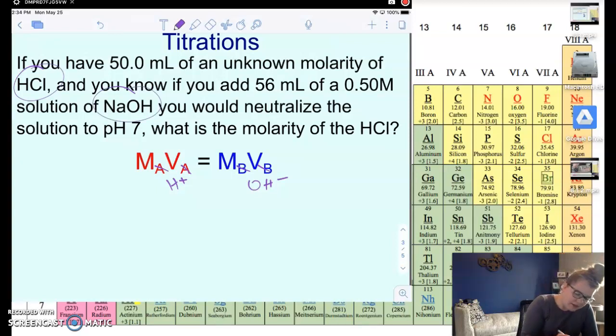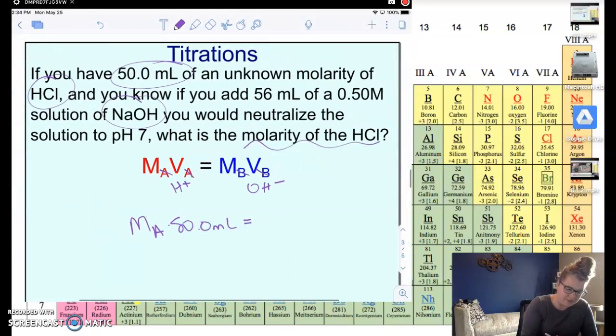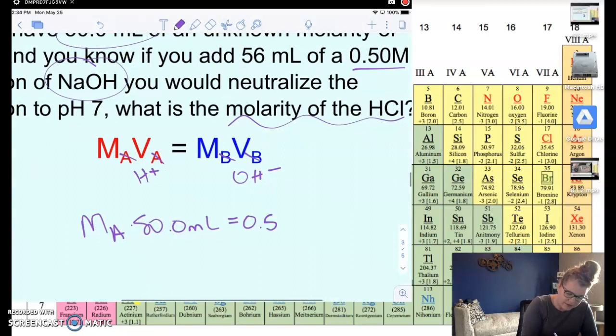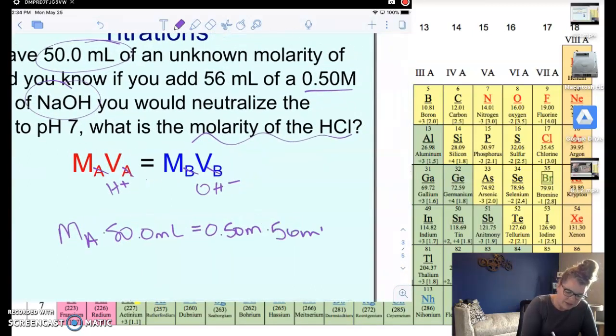So when I'm looking at this, I do not know the molarity of my acid. So that's what it's trying to get me to solve for. The volume of the acid was 50.0 mils. The molarity of the base that it gave me was 0.50 molar. And the volume of that base is 56 milliliters.